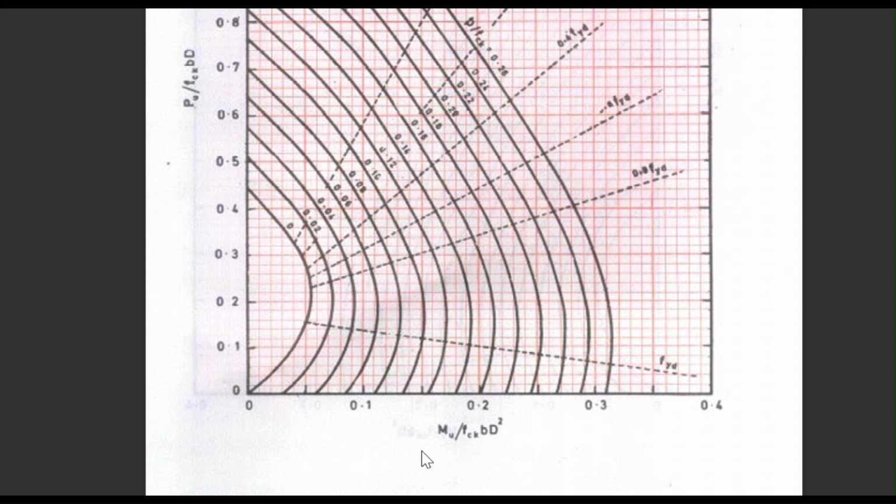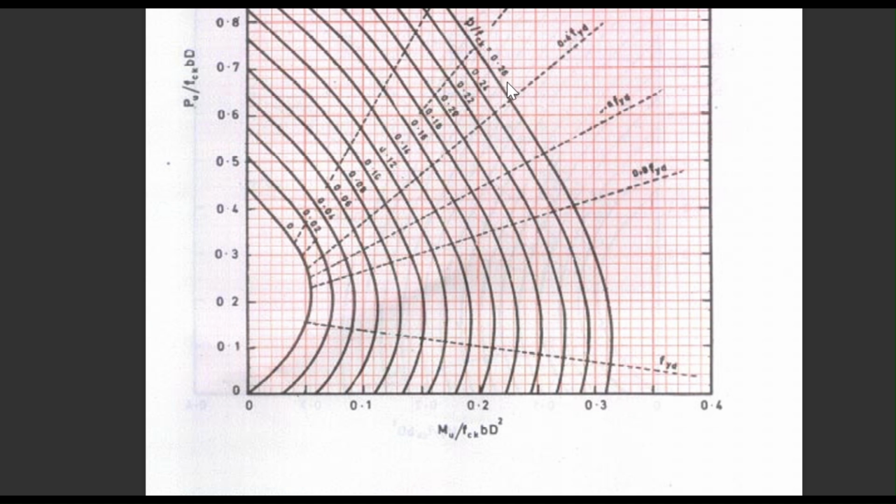In this, the x-axis is Mu by fck b D square, the y-axis is Pu by fck b D. In this, a curve has been drawn for every reinforcement percentage. That curve is defined as p by fck. p means the percentage of reinforcement.